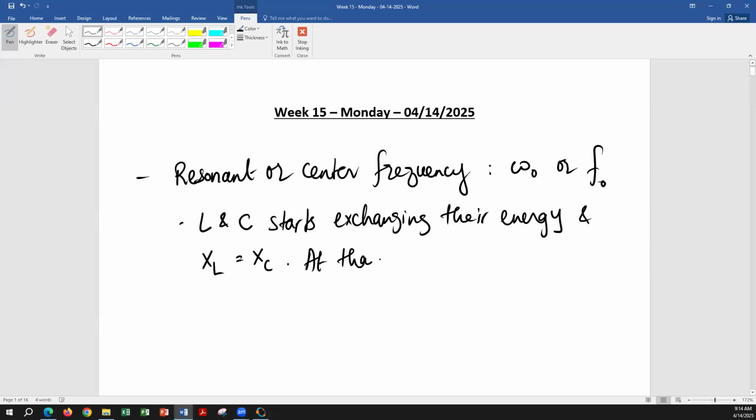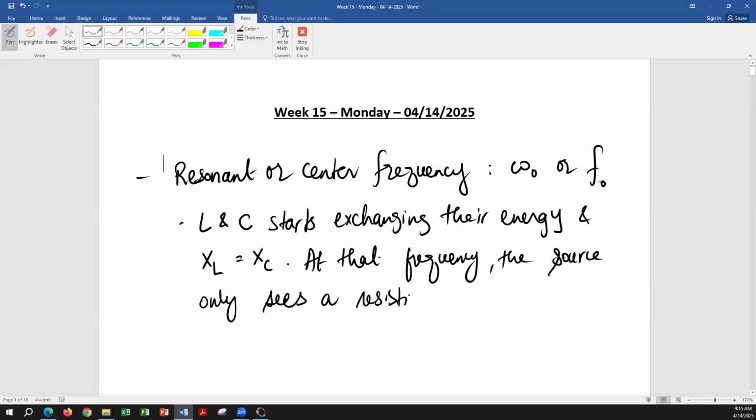At that frequency, the source only sees a resistive circuit. So XL and XC cancel each other at the center point of the bell curve.